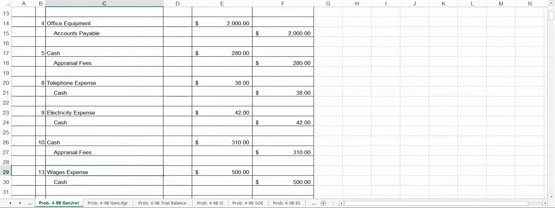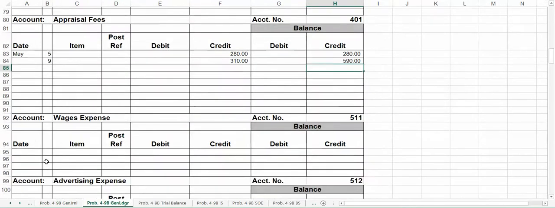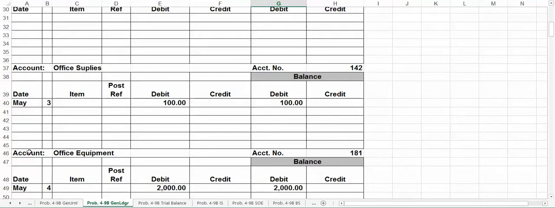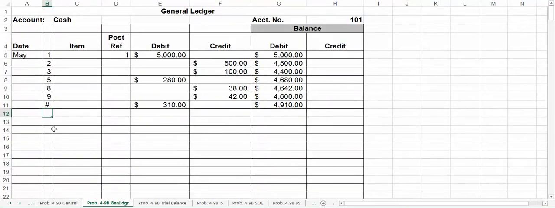So wages expense for $500 on the 13th. May 13th. And this is the exact same process that you're going to be doing on your homework. If you get the little hashtag, you need to make your column wider.